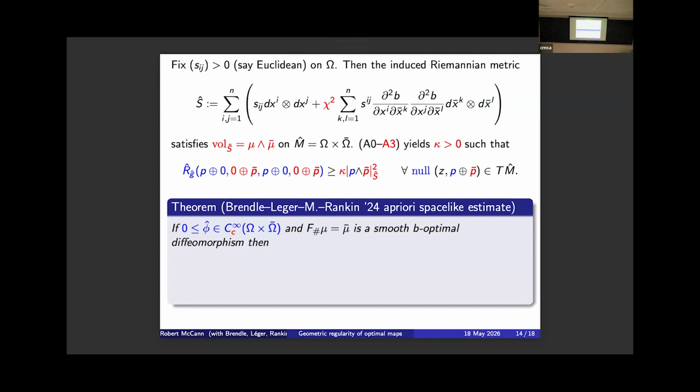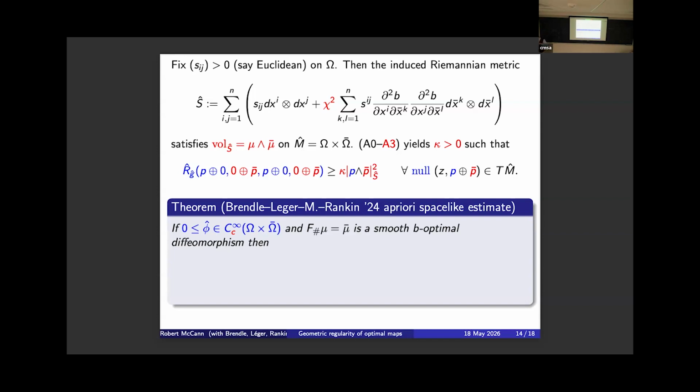Initially we were a bit surprised to find this unexpected pseudo-Riemannian geometry sitting in the optimal transport problem. And then there's sort of an a posteriori rationalization for this, which is the same one as for why Lorentzian geometry comes up in the context of general relativity.